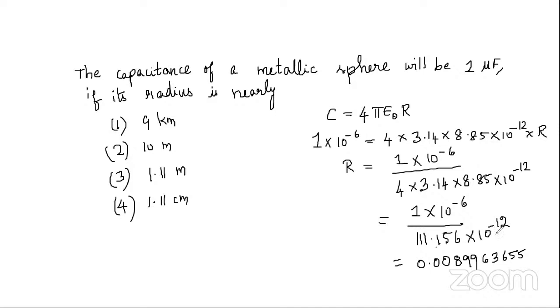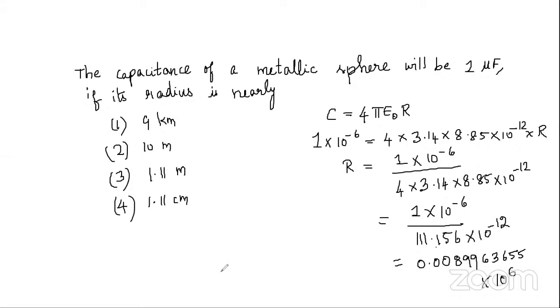This 10 power minus 12 you have to take to the numerator. It will be 10 power plus 12, and 10 power plus 12 and minus 6 will be 10 power 6. So this larger value into 10 power 6. When you apply this, what will you get?